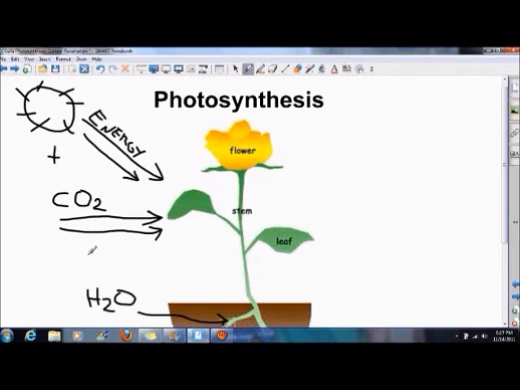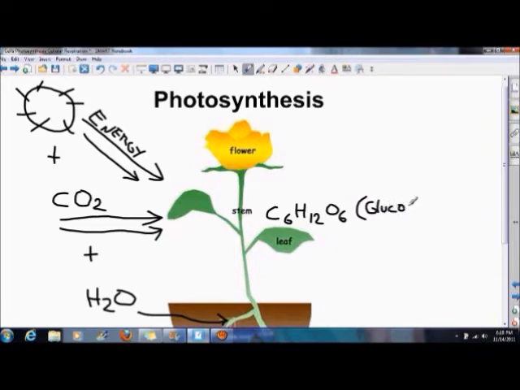So energy plus carbon dioxide plus water is going to go into the cell, and in turn, the cell is able to make glucose. Now, glucose is sugar, and sugar is C6H12O6. So that is its food or sugar, which is glucose.